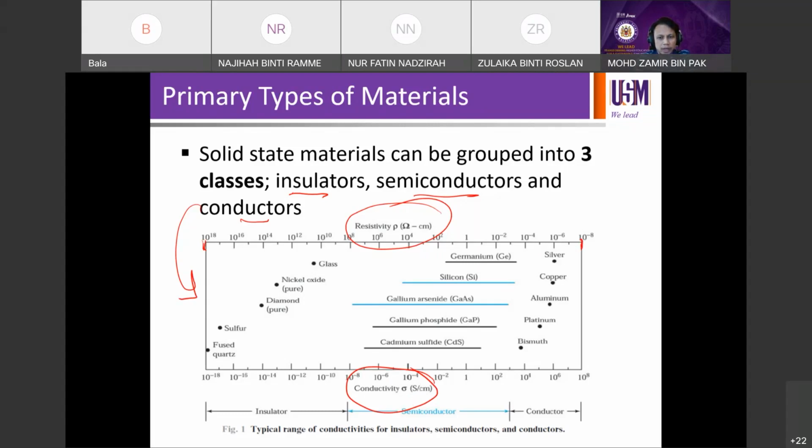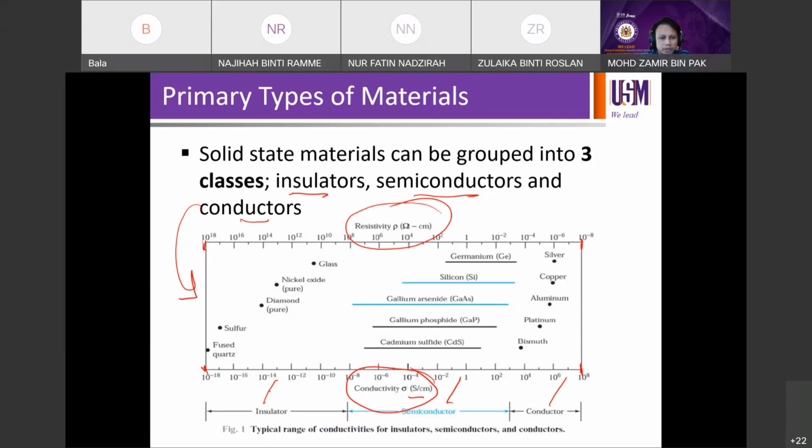You get the inverse values, which are 10 to the minus 18 on the left for conductivity, up to 10 to the 8 Siemens per centimeter on the right. Okay. So now let's look at all the 3 classes: insulators, semiconductors, and conductors.